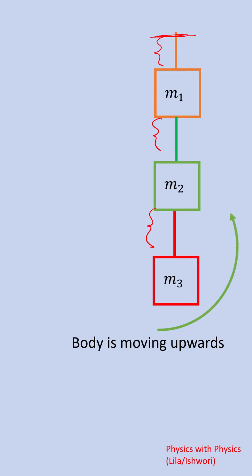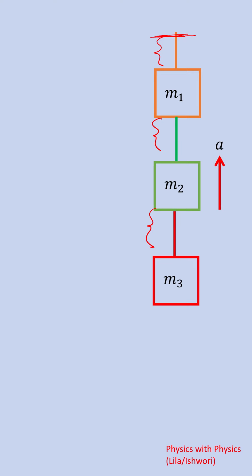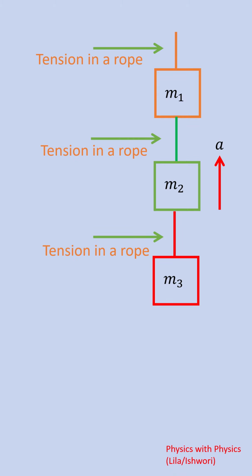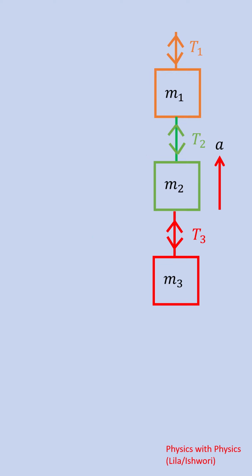Body is moving upward. Tensions in the rope act away from the body. Now let's analyze this: for M1, this is T1. In all the strings, in all the masses, tensions act away from the bodies.